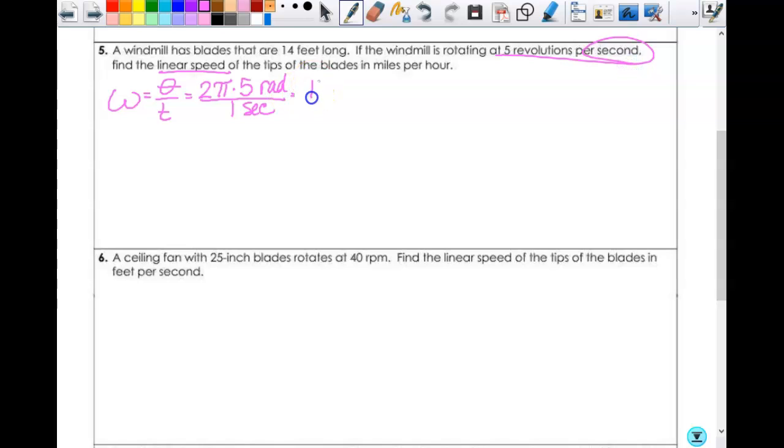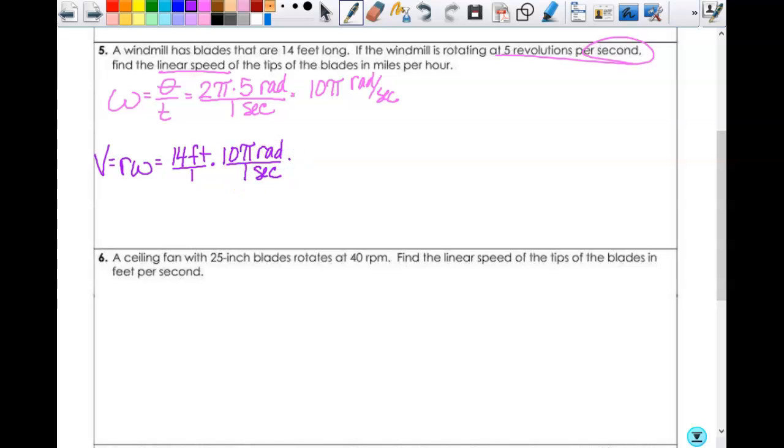So that means I get 10 pi radians per second. Okay? Then I go and find my linear speed. That's r omega. So what's the radius? It's going to be 14 for the blades. Yeah, so this is going to be 14 feet over 1 times 10 pi radians over 1 second.